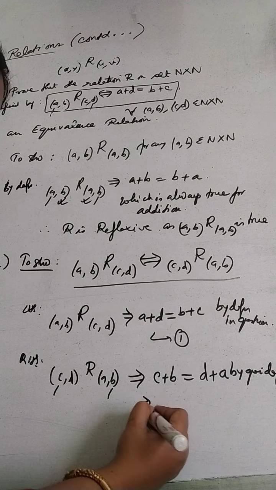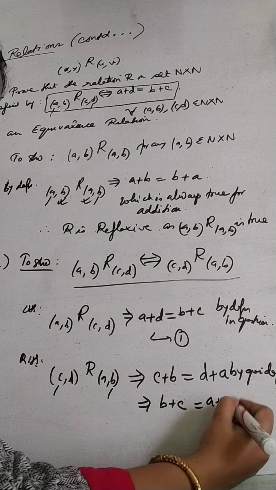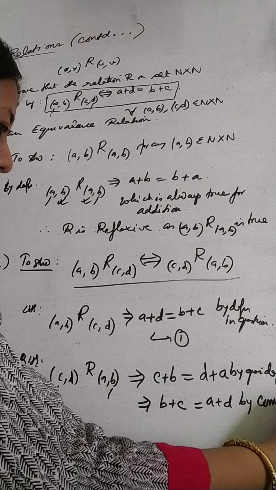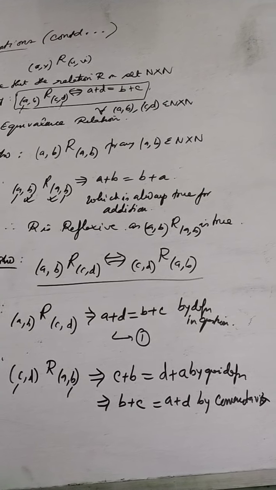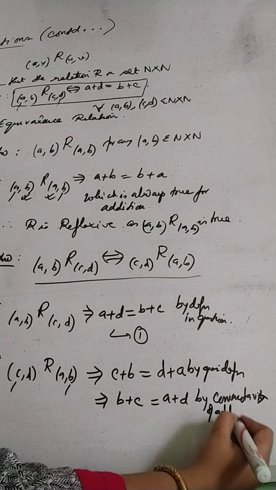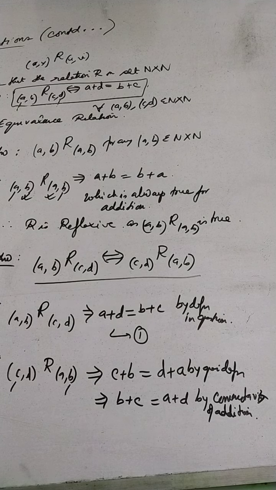This in turn means this is your B plus C, this is your A plus D. Why? Because we know commutative property holds. By commutativity of addition, the operation addition is commutative. That is why this holds.